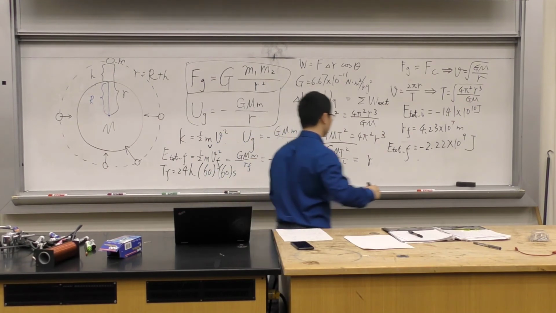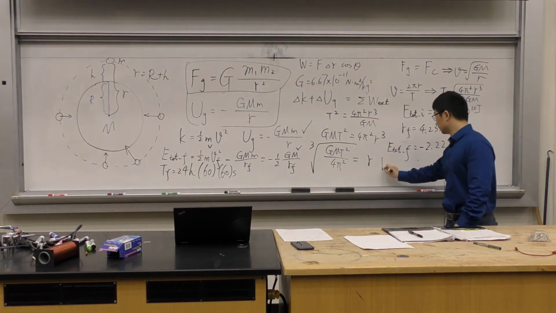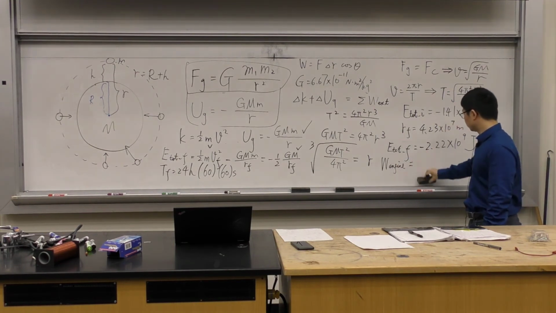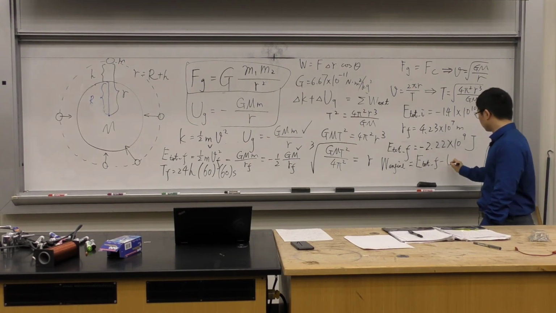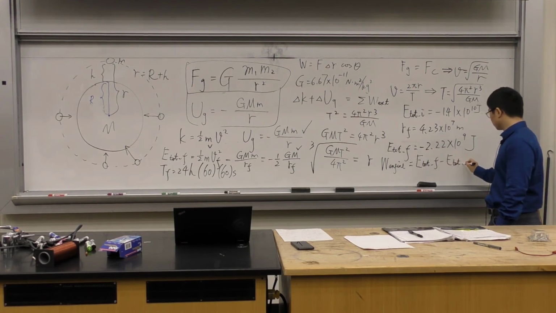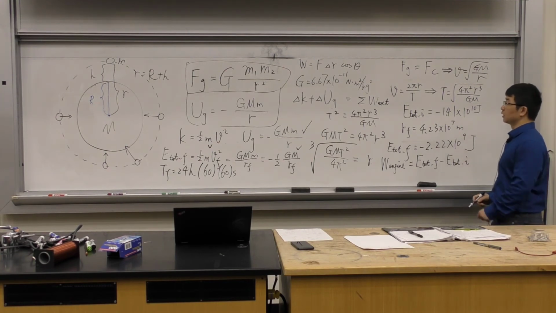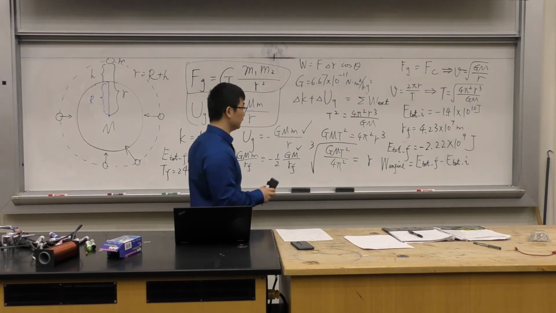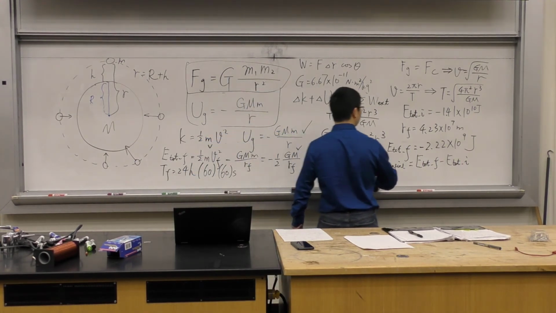How do you find the work, right? The external work from the engine, now in this case is the engine. It's going to be the total energy final minus the total energy initial, right? What is the number you got? What is the right answer? The right answer is D, okay? So this number is D.